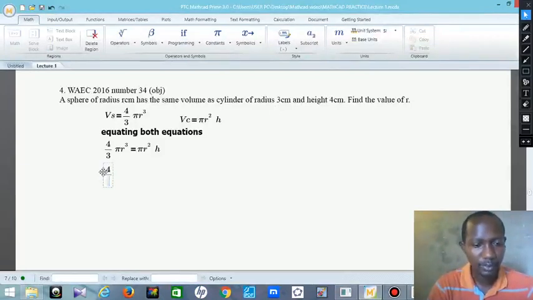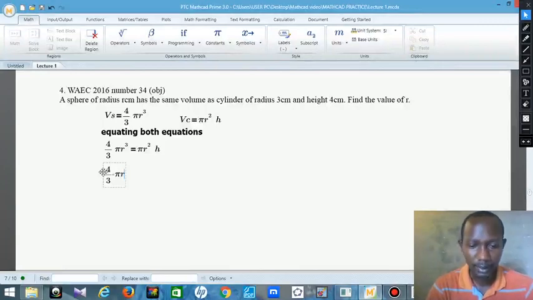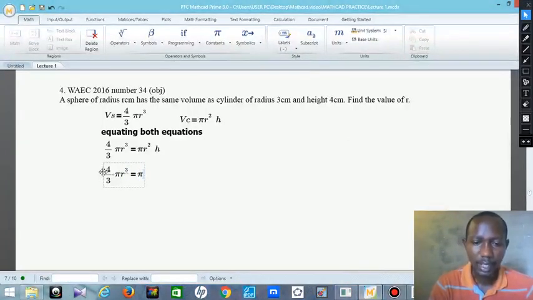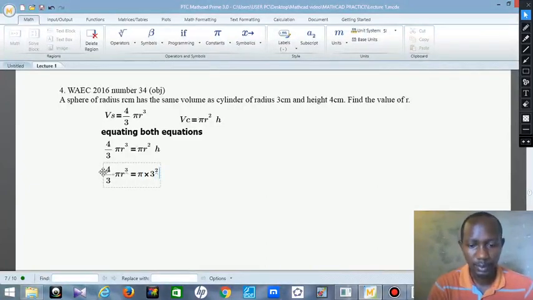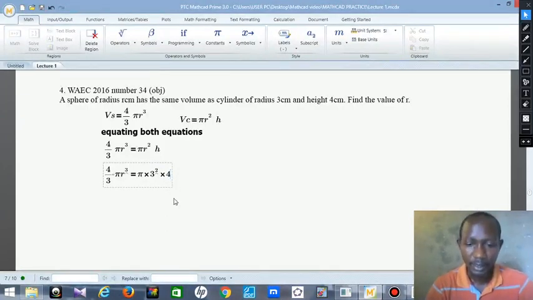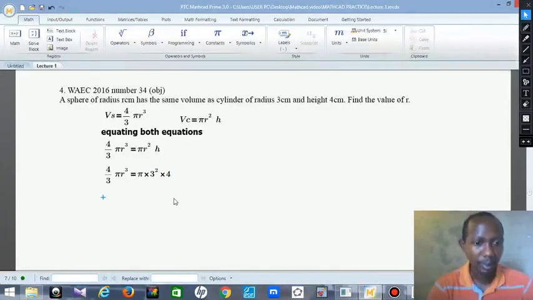So we have 4 over 3 pi, we don't know r for the sphere, r raised to power 3, equals pi multiplied by the radius 3 raised to power 2, multiplied by the height 4. Sorry, this side is for the cylinder. Now let's solve further and conclude the work.